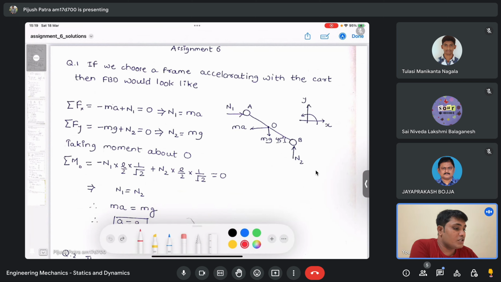You have the normal forces acting here, N1 and N2.